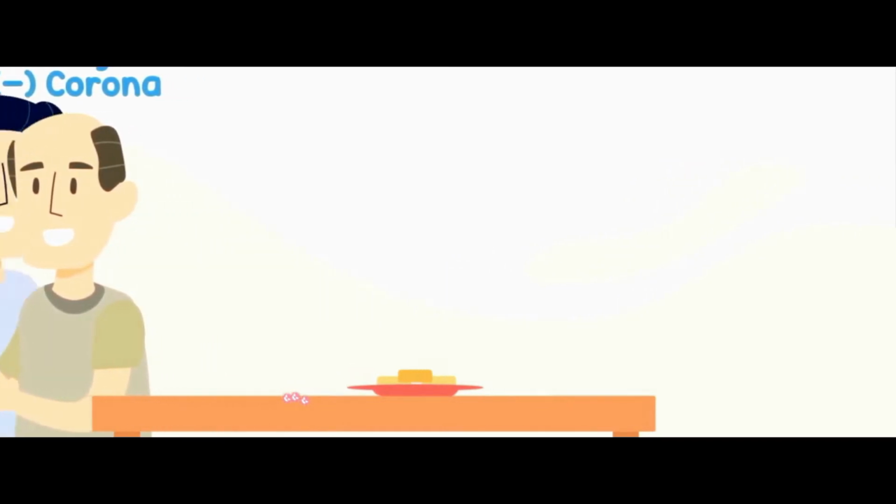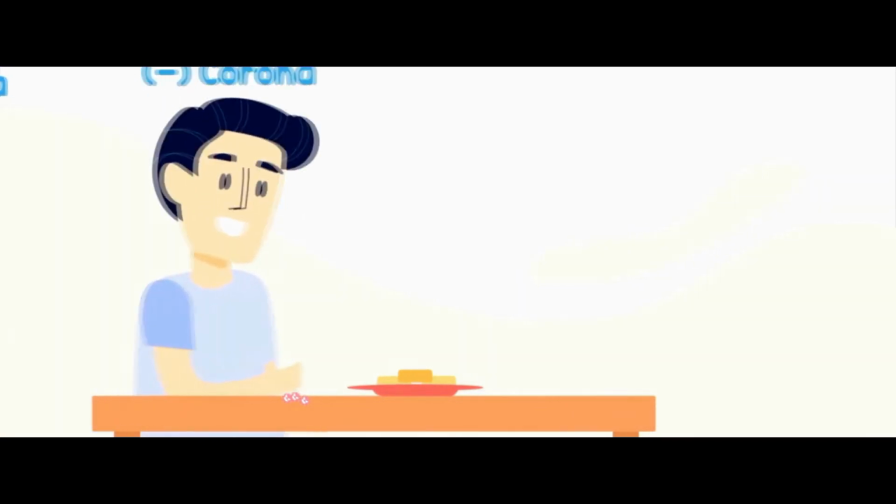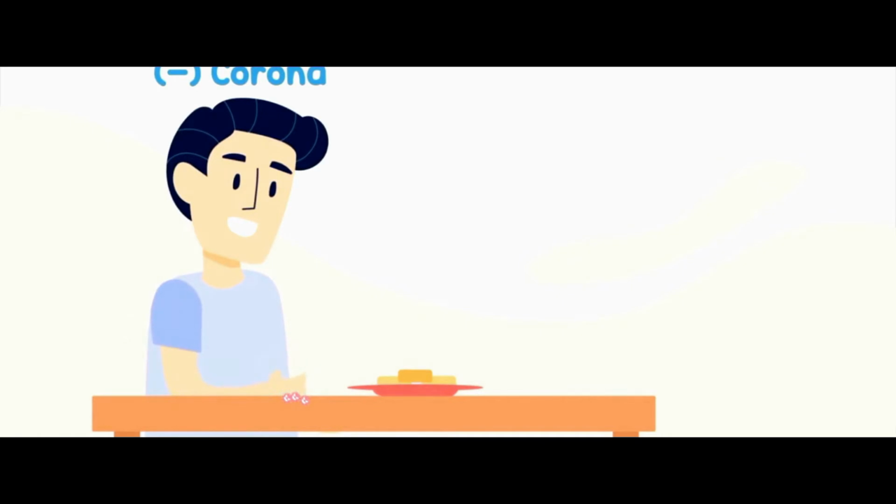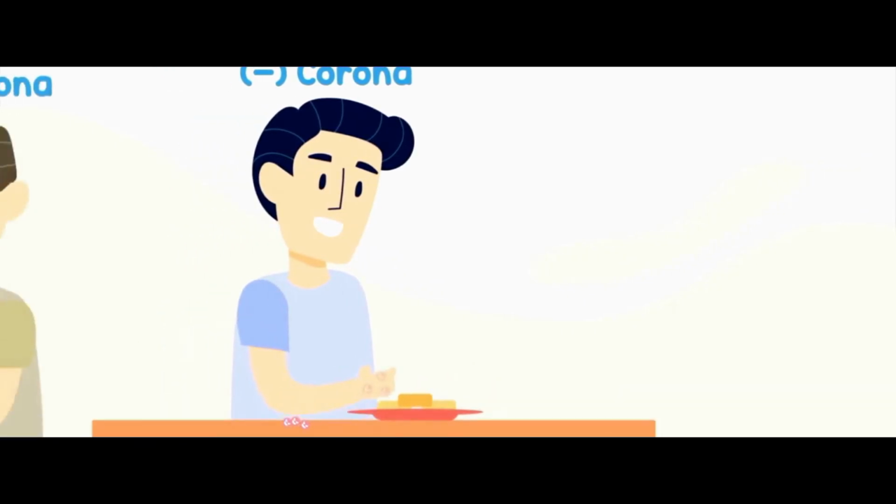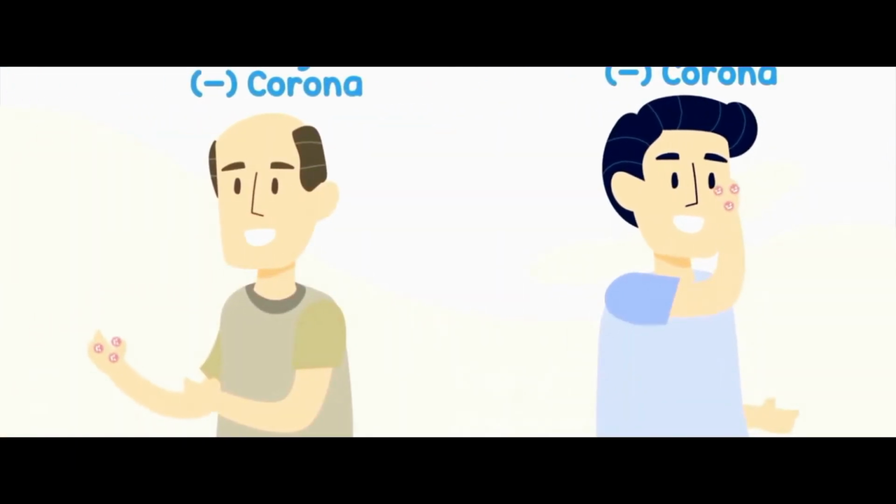Afterward, there is the third person who puts his hands on the table. If the second person and the third person touch their mouth, eyes, and nose without washing their hands first, then they are indirectly infected with coronavirus.